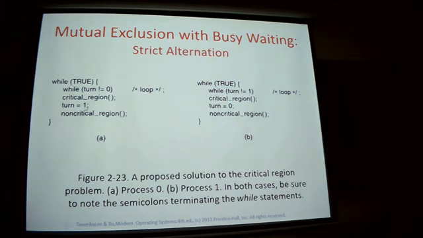The left one: we can see that there is a variable term. If term is not equal to 0, we continue the loop.